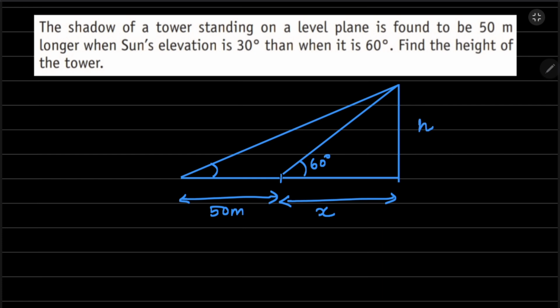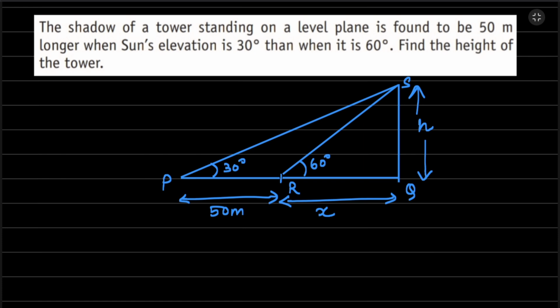H is the height of the tower which you have to find out. The distance of the shadow when the elevation is 30 degrees is given. Let's mark the points P, Q, R, and you have your sun here. Now you have to just solve and find the height of the tower.